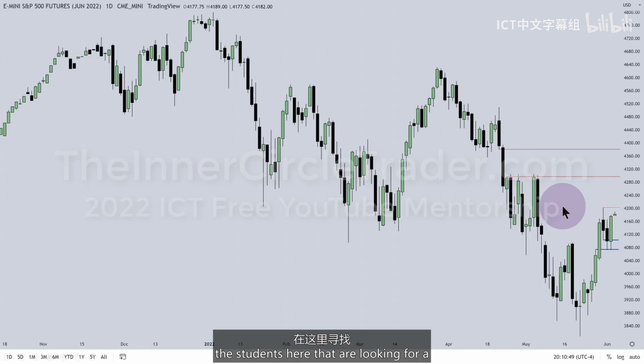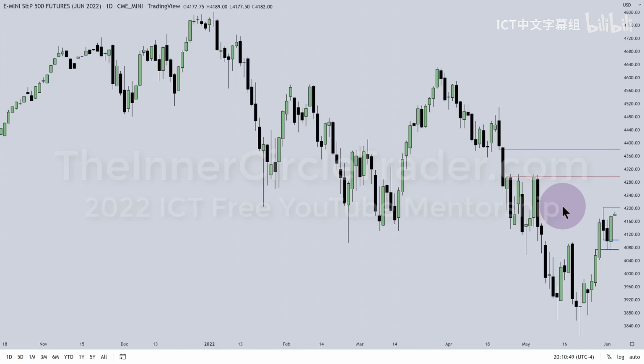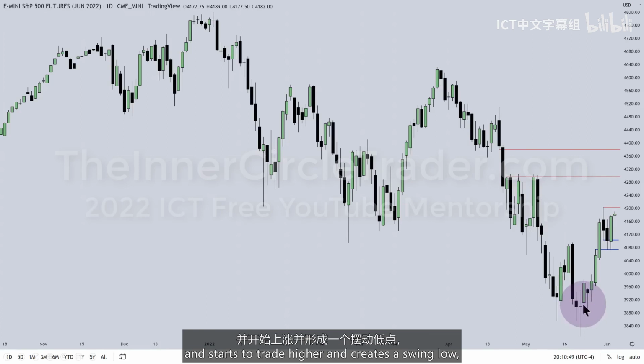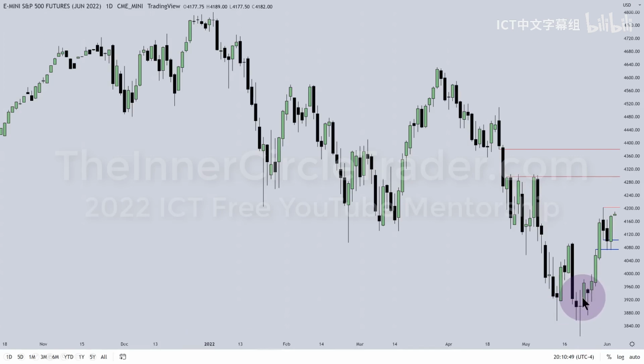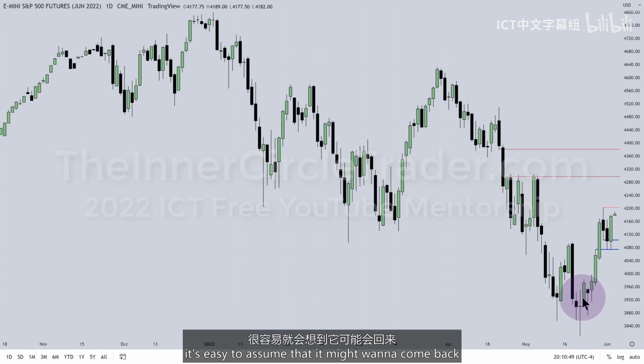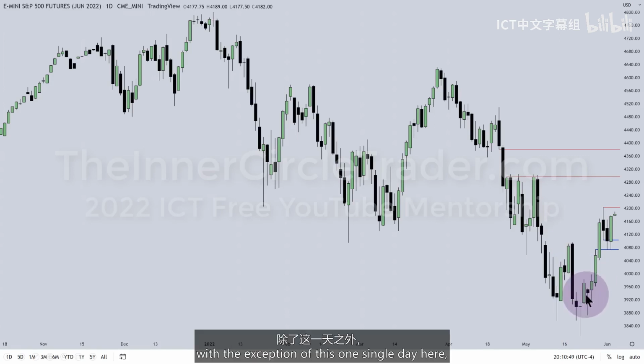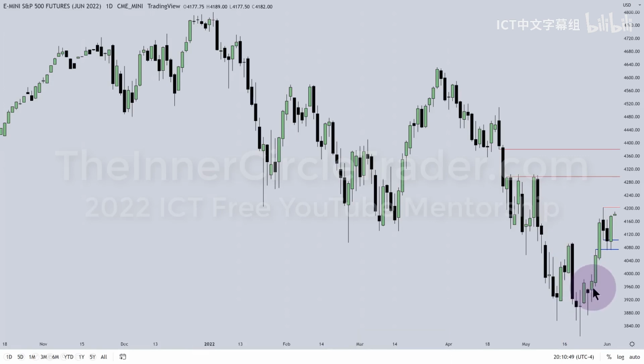Okay, so for the students here that are looking for a little bit more meat on the bone for bias, okay, when the market has moved from a low like this and starts to trade higher and creates a swing low, it's easy to assume that it might want to come back up to this high here. So notice how each day, with the exception of this one single day here, each day was bullish.